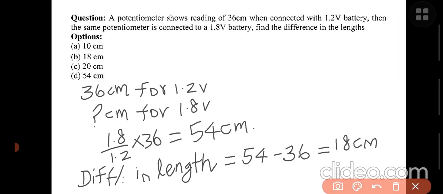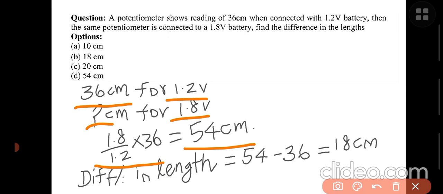36 centimeter is the reading for 1.2 volt. What is the reading for 1.8 volt? We can calculate the reading for 1.8 volt as 1.8 divided by 1.2 times 36, which gives 54 centimeter.